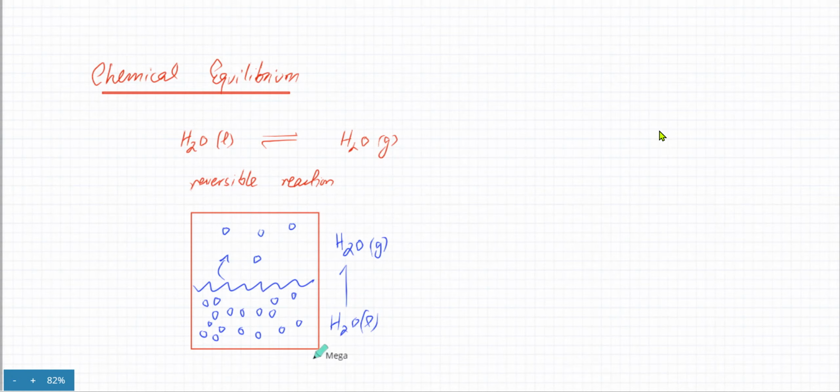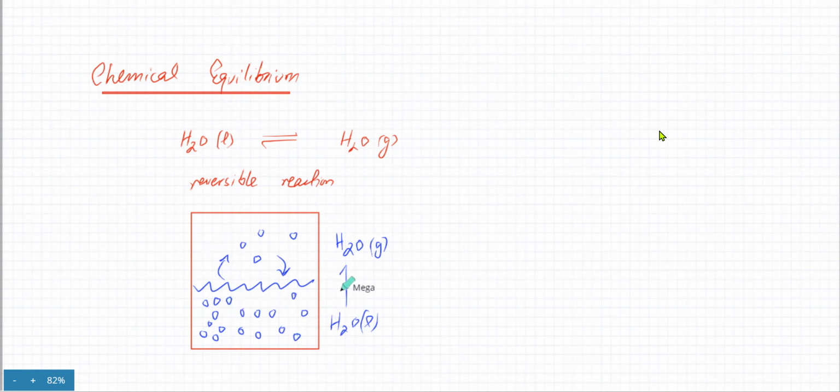But this process would not go endlessly, because eventually these molecules would bump into the walls of the container and they might lose energy. And when they lose energy, they're going to condense back again. So a reversible process would be set up. Let's say every second three molecules evaporate, but at the same time, three molecules lose energy and condense back again.